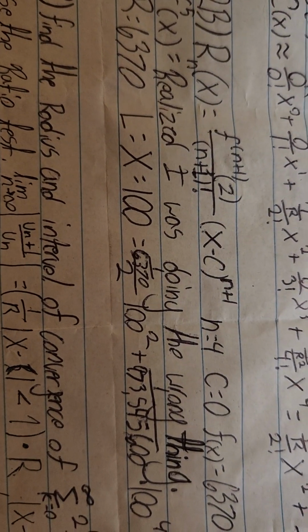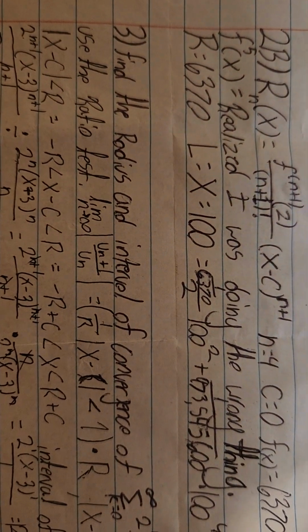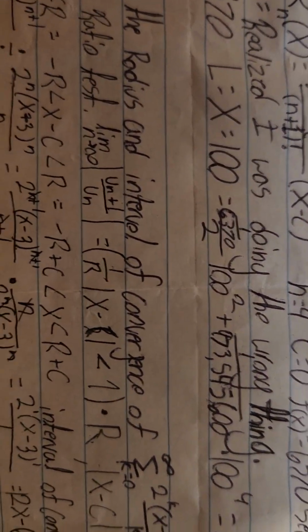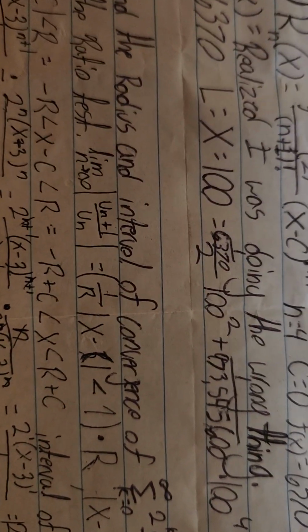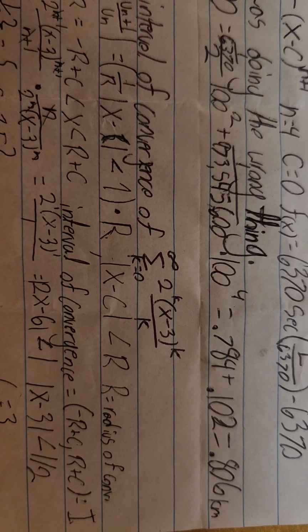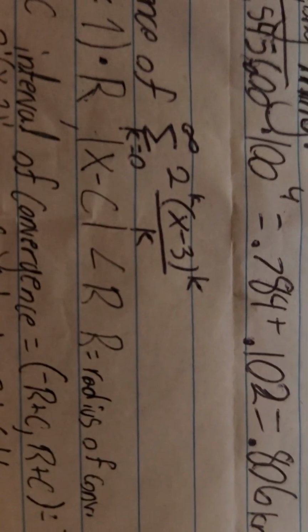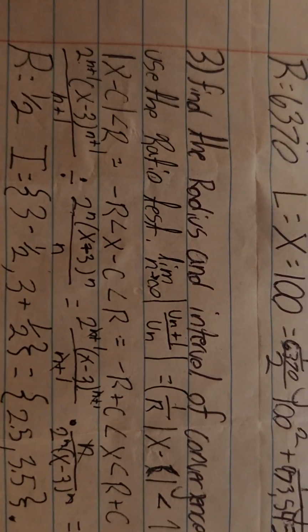To find this interval, you have to use the ratio test, which is u n plus 1 over u n equals 1 over r. So this is where I wrote my equation. I noted that r equals the radius of convergence. I make these notes to make it easier to explain, and then forget why I put them there.